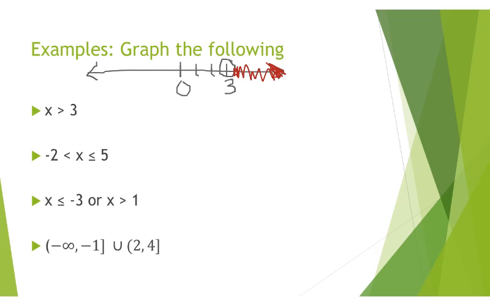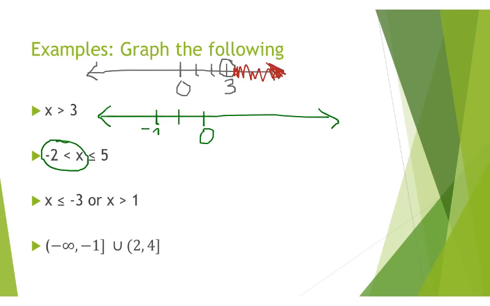My second inequality is a compound inequality. x is greater than -2, so open circle and shade everything bigger than -2.